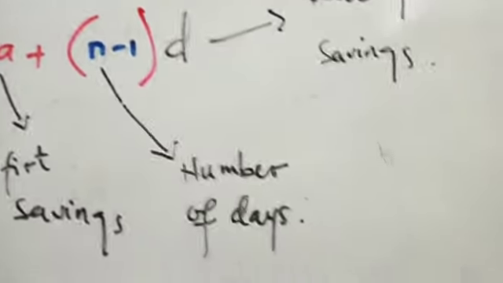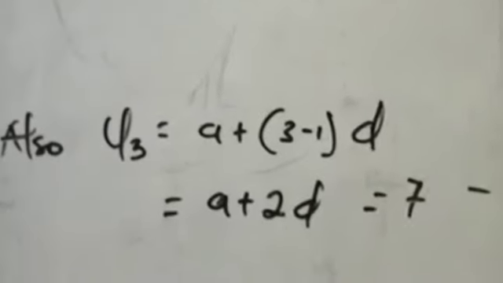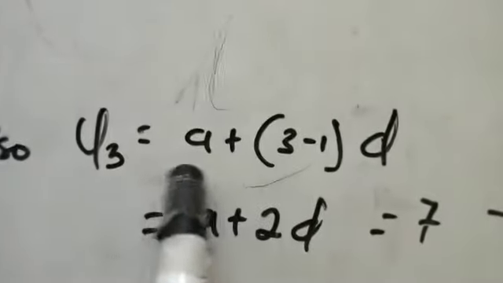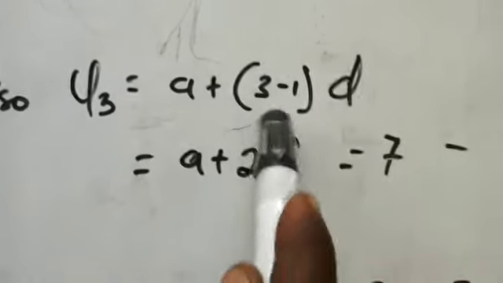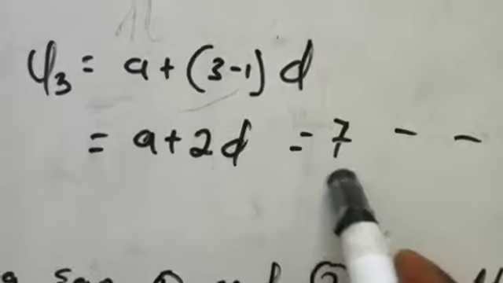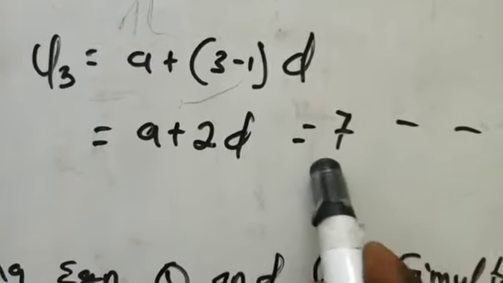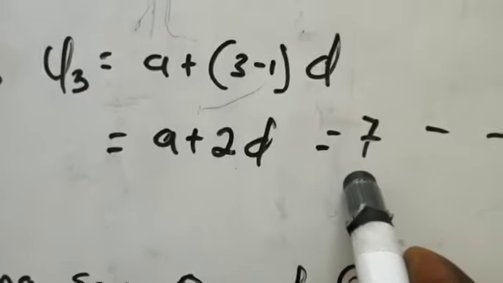So U3 here is on the third day or the third term. So U3 is equal to a plus (3 minus 1)d, right? And if you do this, you should have a plus 2d. That is equal to 7. This 7 is coming from the question. This is what we had on day 3 here. Is that okay?